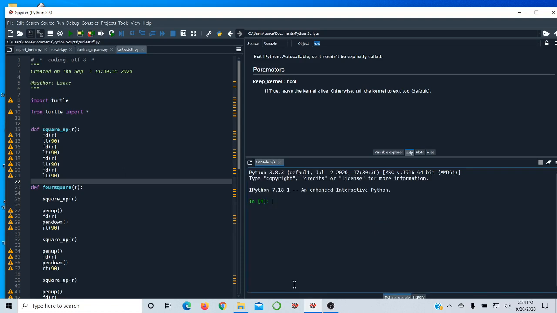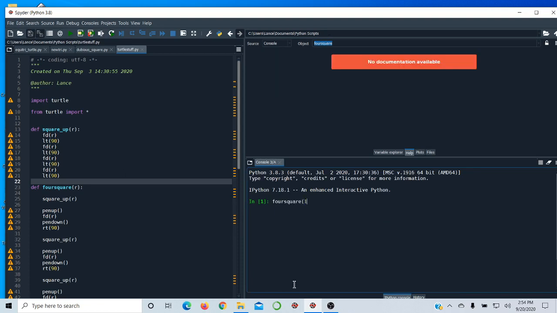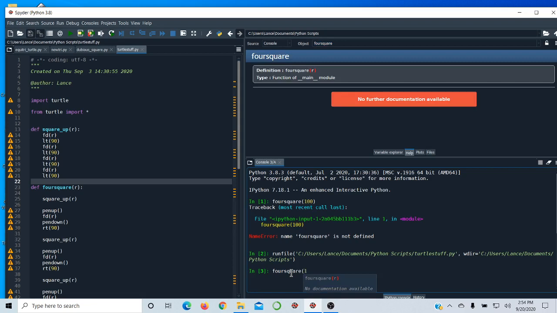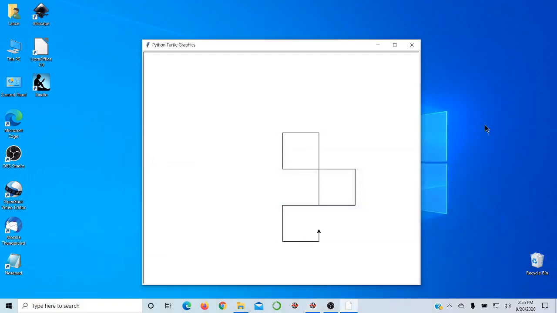Okay, so let's try 4 square R 100. So let's see if we can find the picture.